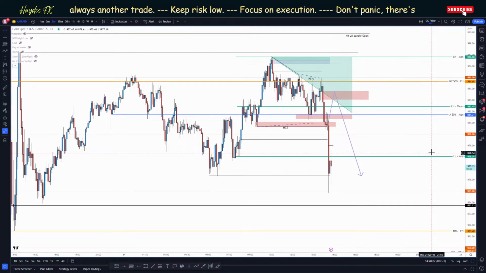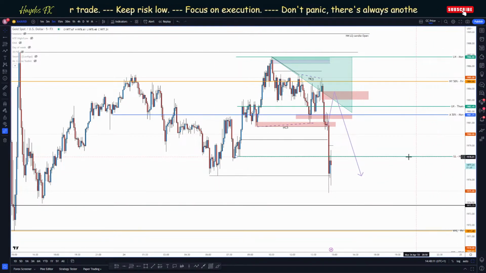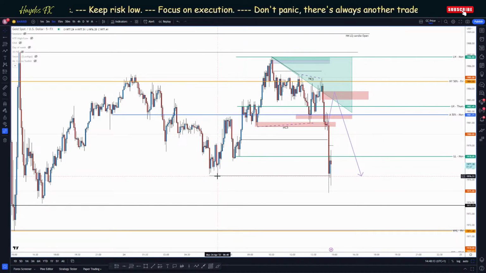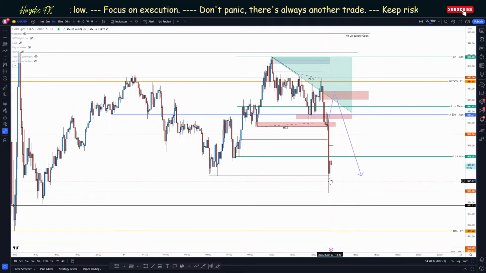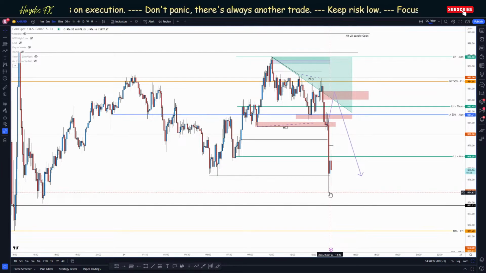Daily low is, yeah, this one. It took the daily low. Now the daily low has just been created at 74.8.